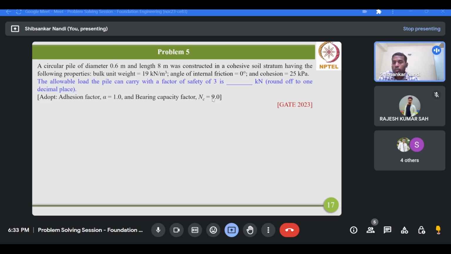So it's a very straightforward problem. Please calculate the allowable load the pile can carry with a factor of safety of 3, because just now we have solved a similar problem in problem 3.